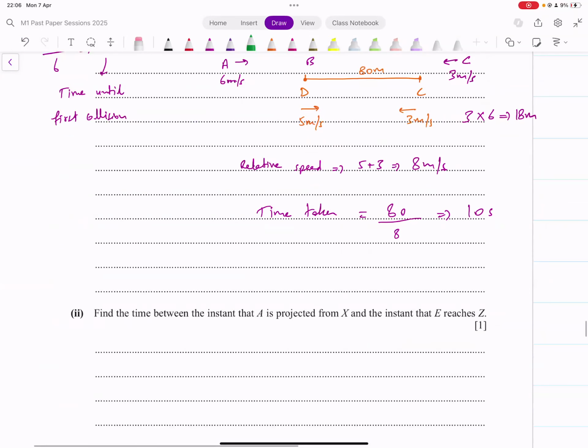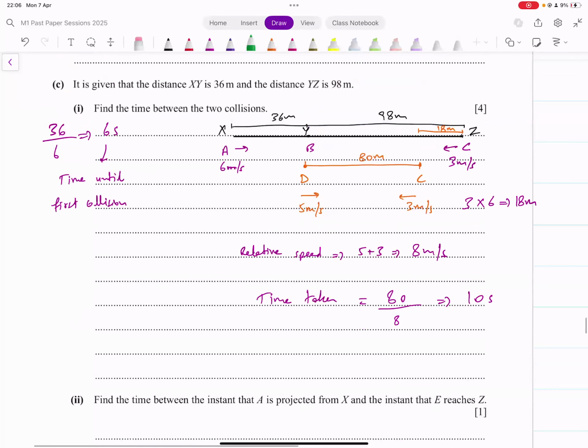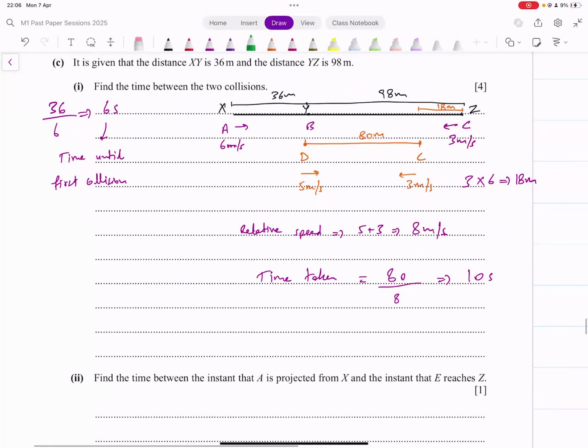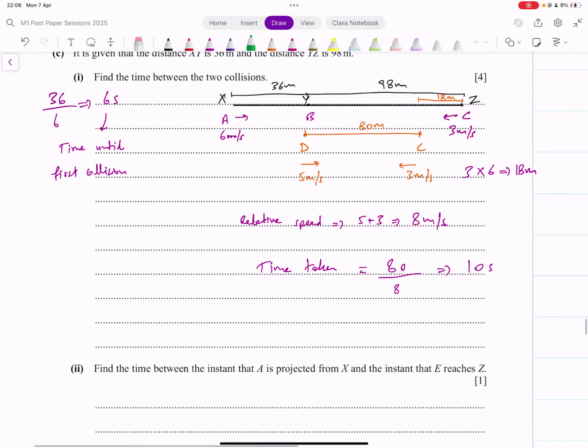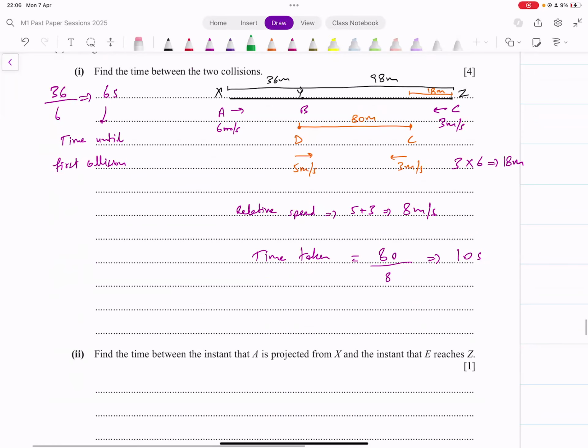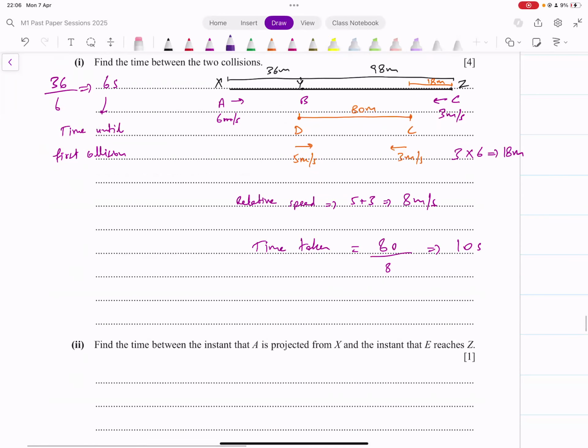Now it says find the time taken between the instant that A is projected from X and the instant that E reaches Z. A is projected from X, that's the starting point, and the instant that E, that's the final particle, reaches Z. So now you see what's happening. 6 seconds already passed in the beginning, before the first collision.